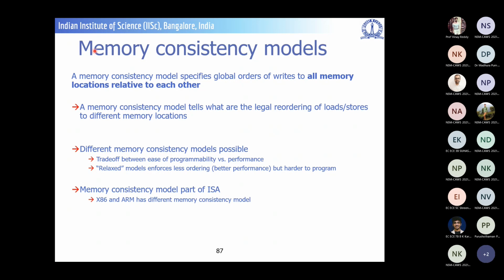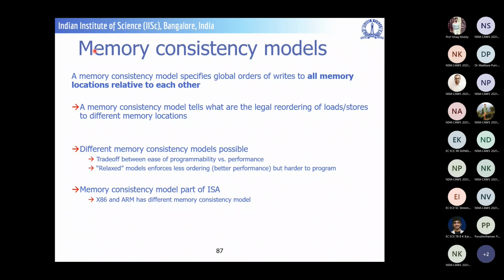And at the end, it is needed because it specifies which orderings of loads and stores are legal for a given memory consistency model, so that you can reason about the correctness of a multi-threaded program running on a platform that supports a given memory consistency model.